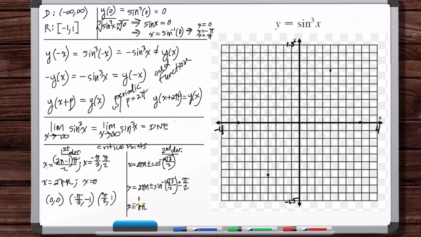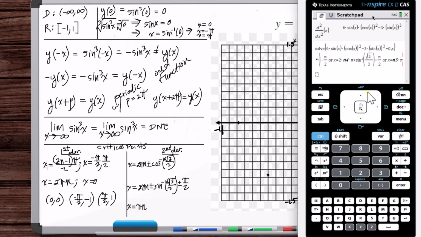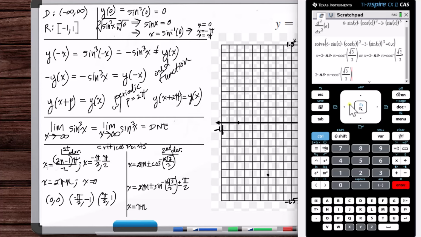Now for what values of n do we get an x that's within minus pi to pi? Let's get this. This here, we'll just call this n. Store that as x1. There we go.